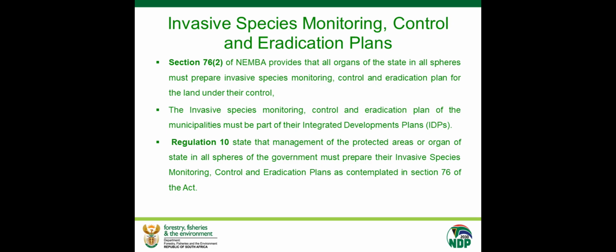The control plan for the municipalities must be part of their integrated development plan, their IDP. I know mostly it's for 5 years, but then it is reviewed yearly. Every year you review it. So you must incorporate this plan into your IDP so that you can get a budget to control. Because if you are not submitting this, it's a non-compliance, it's an offense.